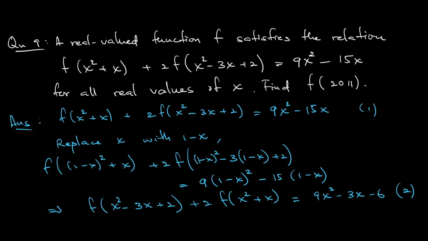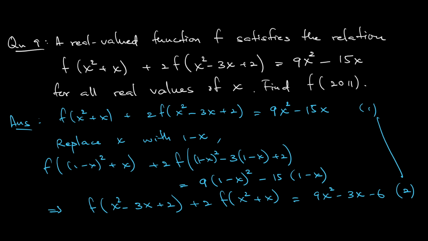Let's say that is the second equation. You focus on these two, okay? Equation 1 and equation 2. So if I want to eliminate one of them, let's say I want to eliminate f of x squared minus 3x plus 2.